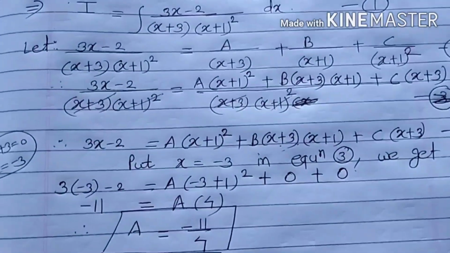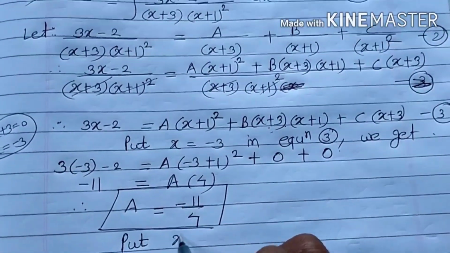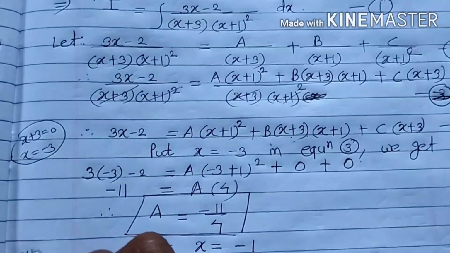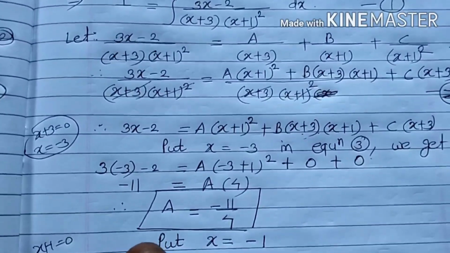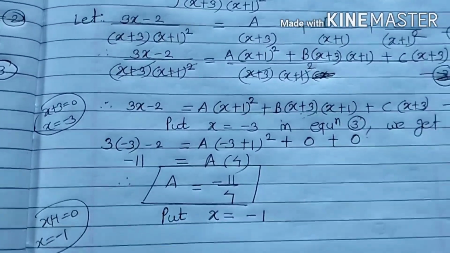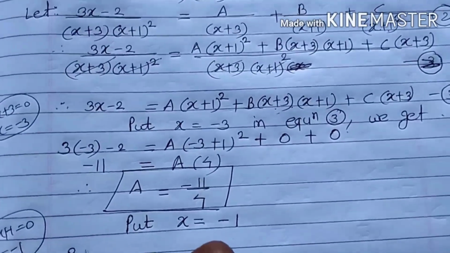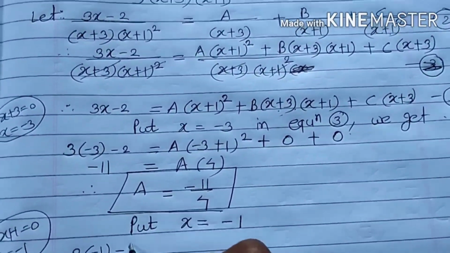Now next, put x equal to minus 1, because here x plus 1 equals 0. So you can put here x equal to minus 1. This is only for your understanding. Now 3 into minus 1 minus 2.